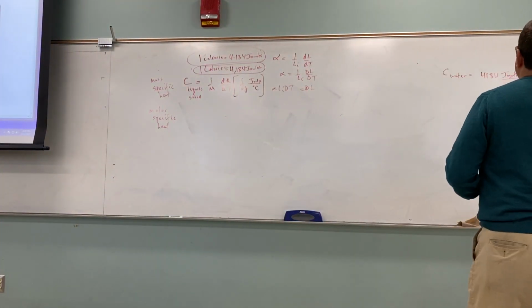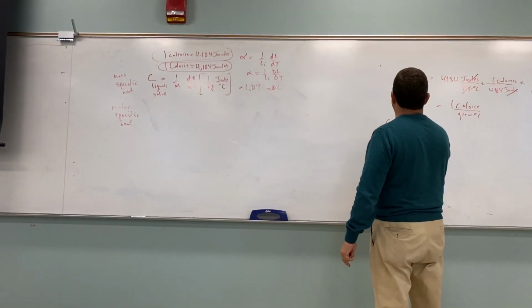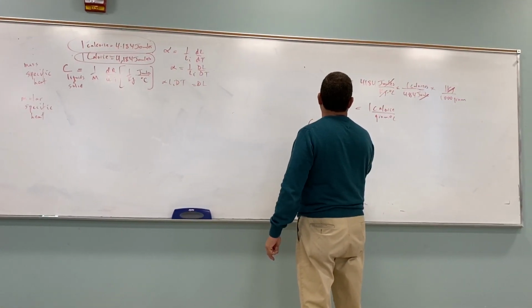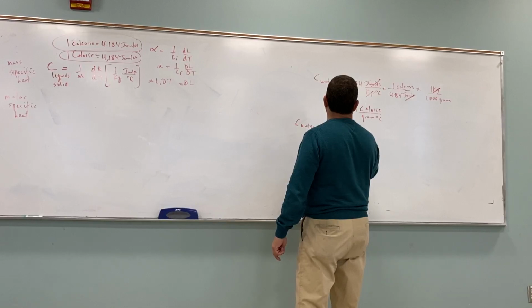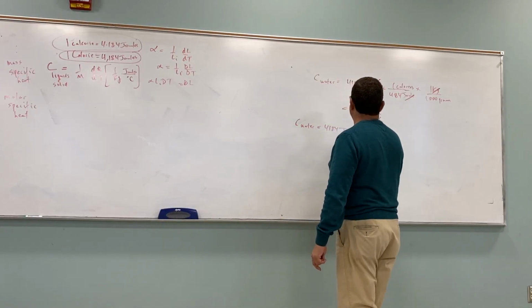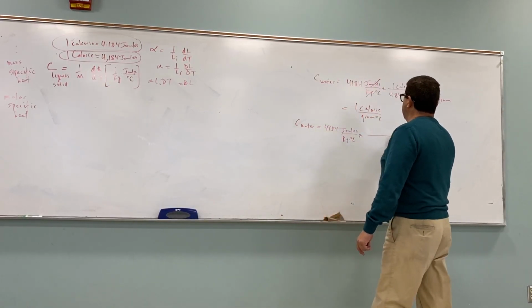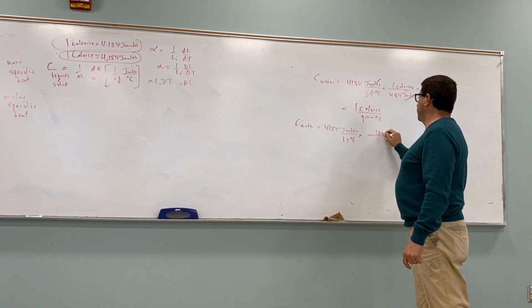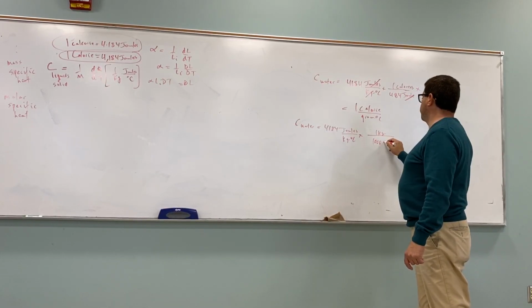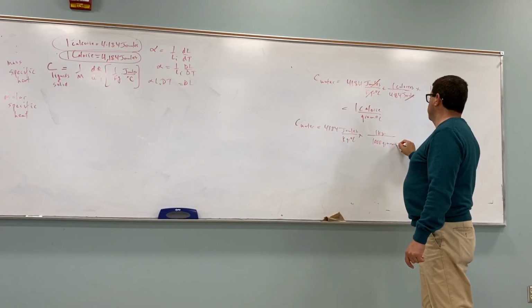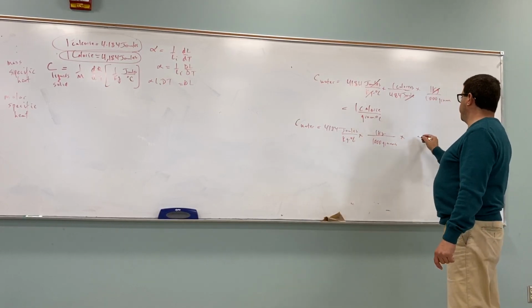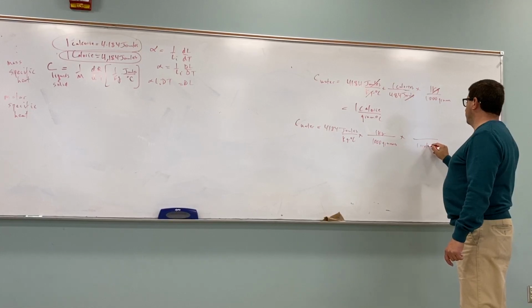So we say specific heat of water, 4,184 joules per kilogram Celsius. And then 1 kilogram is 1,000 grams. And then how many grams is in 1 mole of H2O?